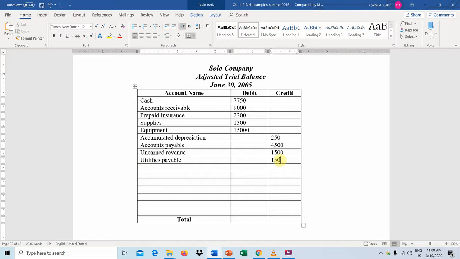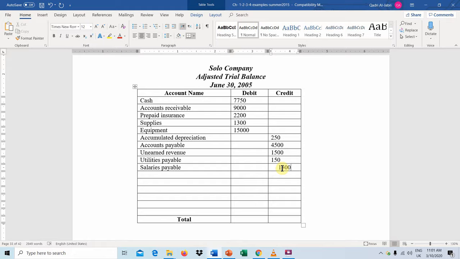Also, we have salaries payable, that has a balance of 1,500. And these are all the liabilities that we have.